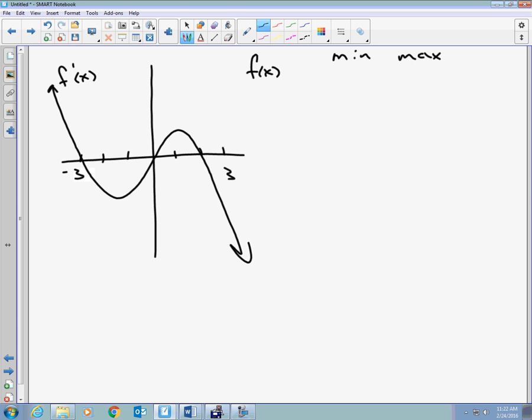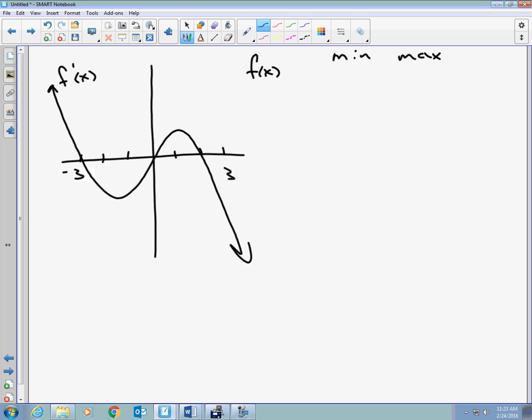And I'm curious, where does the original function, f of x, have a min or a max? A minimum occurs when the function changes from what to what? Decreasing to increasing, correct? That's where minimum occurs, where it changes from decreasing to increasing.